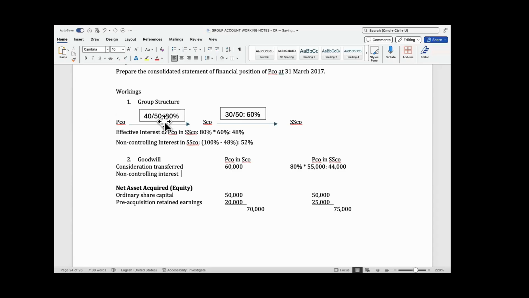Since the parent has 80% in ESCO, that means NCI has how many percent? 20%. So what's 20% of that? That should be 14,000, right? Correct, sir, 14,000. Okay, so the addition of the two gives me 74,000.